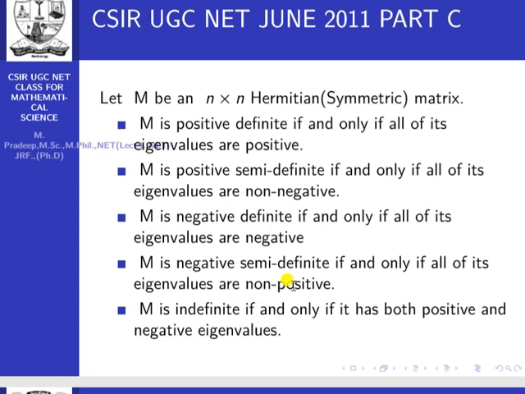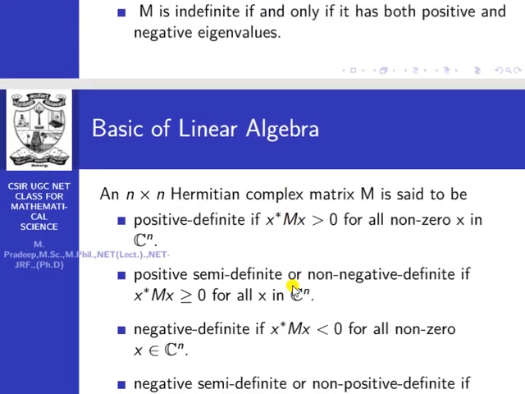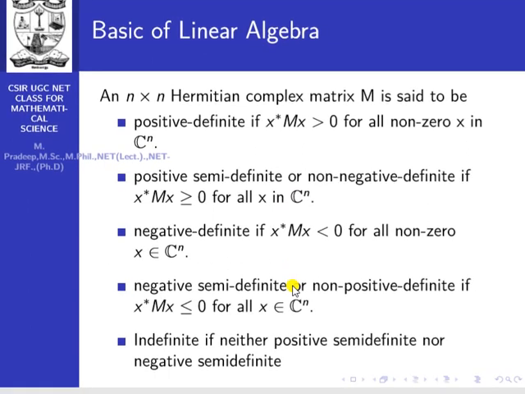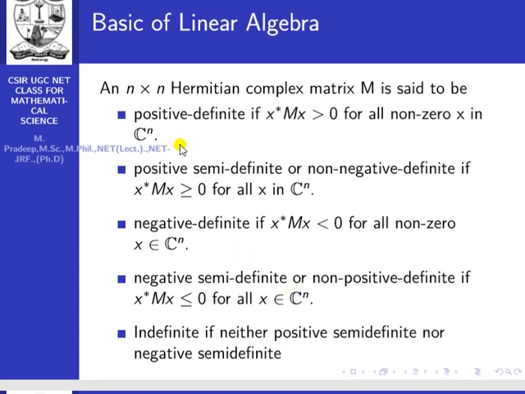Okay, the same definition in another form. An n by n Hermitian complex matrix M is said to be positive definite if X star M X is greater than 0 for all non-zero X in C power n, where star means conjugate transpose.